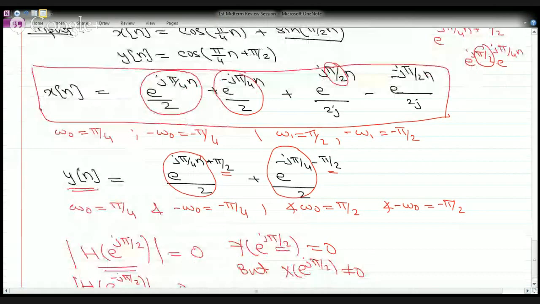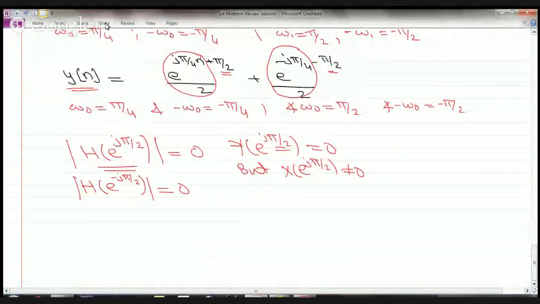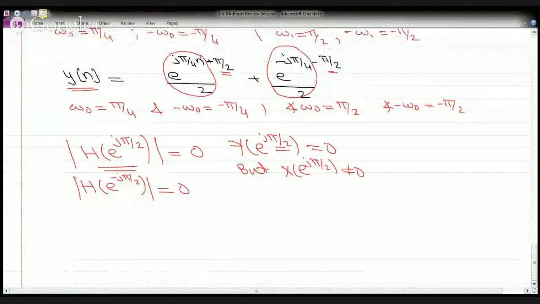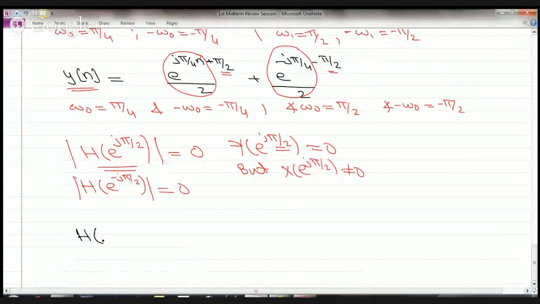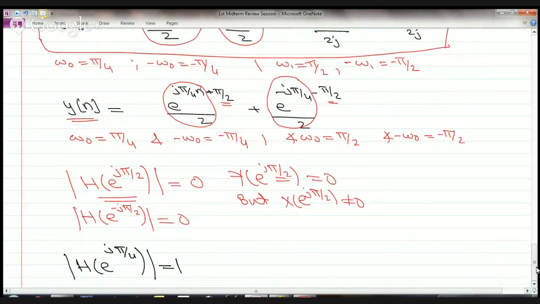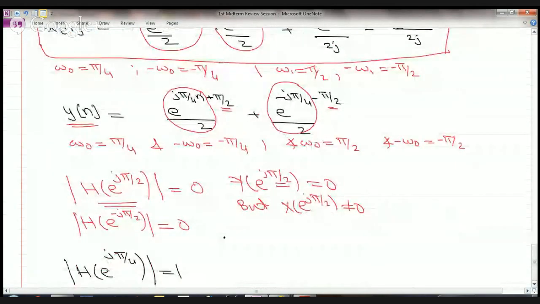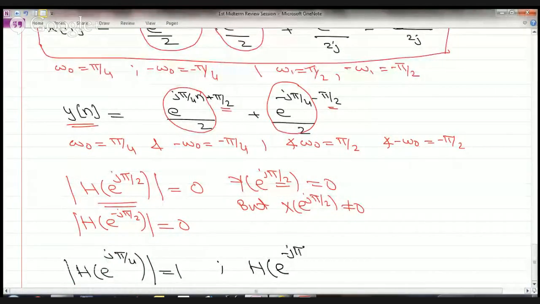So the next condition I get using that fact is that the absolute value of H(e to the j pi by 4) must be equal to 1. Otherwise, you would not get the same magnitude frequency. Similarly, for the negative frequency, I should have H(e to the minus j pi by 4). The absolute value of that should be 1.